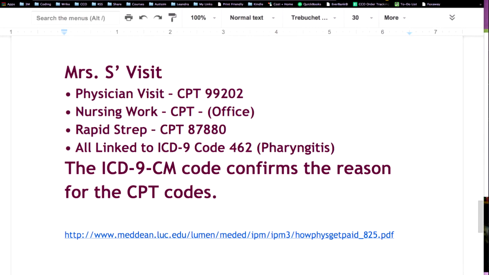Rapid strep test, 87880, and these are all linked to pharyngitis 462. The doctor gets paid based on the CPT codes that are given, and the ICD-9 code supports the reason for the CPT codes. You can't have one without the other, and that's really the key.